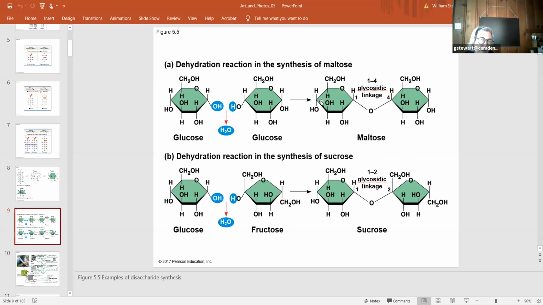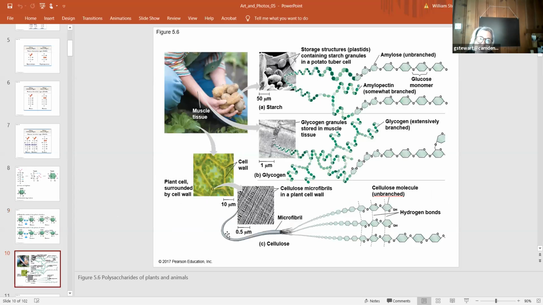Now, when these polymers get much longer, we call them polysaccharides, and those are going to have different functions because they are polymers. Here are some examples of polymers of glucose. Starch, glycogen, cellulose. These are different polymers of just glucose. Depends on how they're joined together.